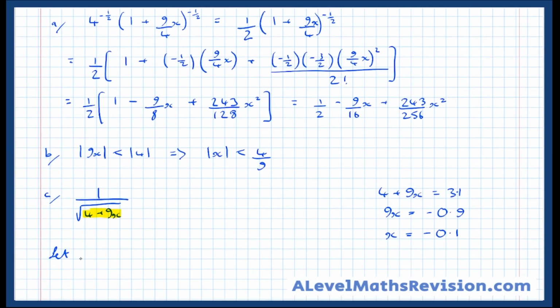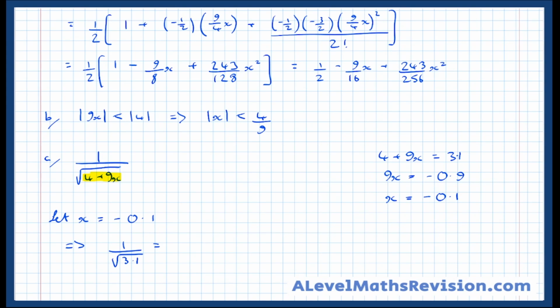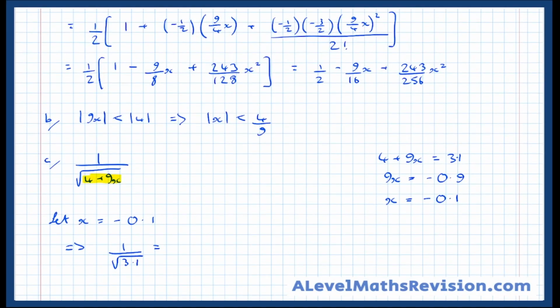So let x equal minus 0.1, which means that 1 over root of 3.1 equals, and let's sub it into our expansion. If you want to pause and sub it into the expansion yourself and try and get the answer, please do. So equals 1/2 minus 9/16 of minus 0.1 plus 243 over 256 of minus 0.1 squared.